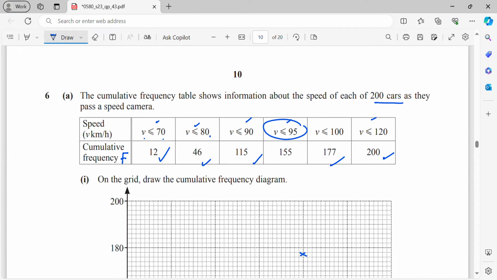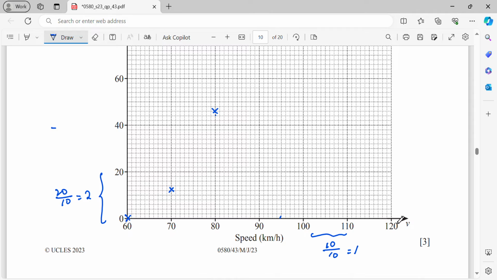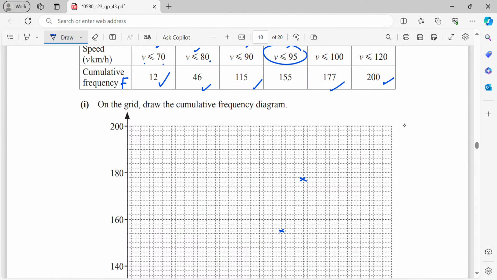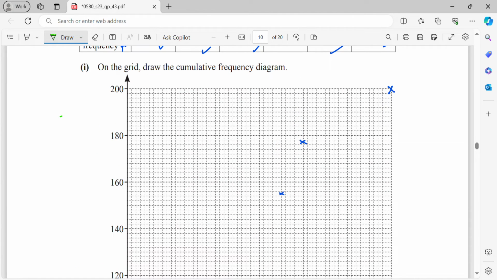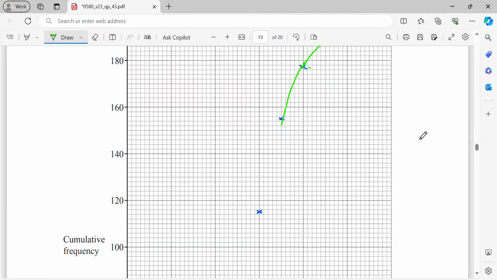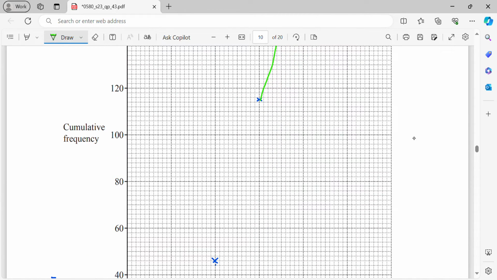Then 120, it will be 200. 120 is the last one. It will be 200. Okay, so now we need to join all the points. So when I draw the points to get the cumulative frequency curve, just draw a smooth graph.